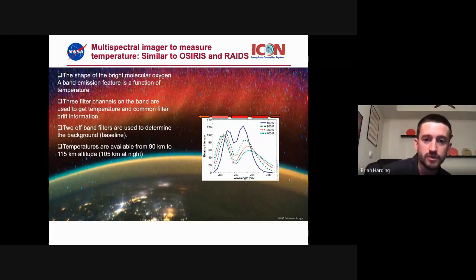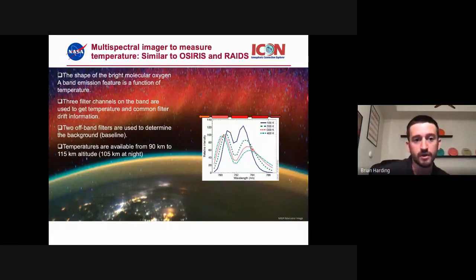If you were actually able to fully resolve it, we don't actually fully resolve it because all you need is 3 narrowband filters spaced at strategic locations in the spectrum, as well as 2 off-band filters to characterize the background. So as the temperature changes, you can watch the ratio of intensity in these 3 filters change and then infer the temperature from that. So right now we have provided temperatures from 90 kilometers to 105 kilometers at night and 15 kilometers during the day.